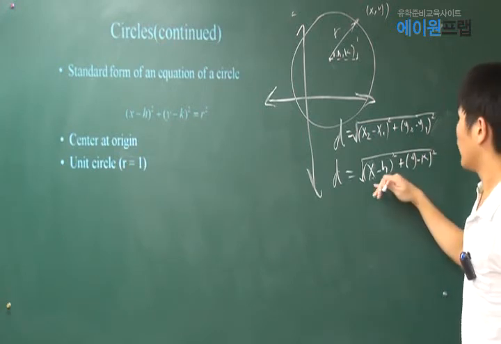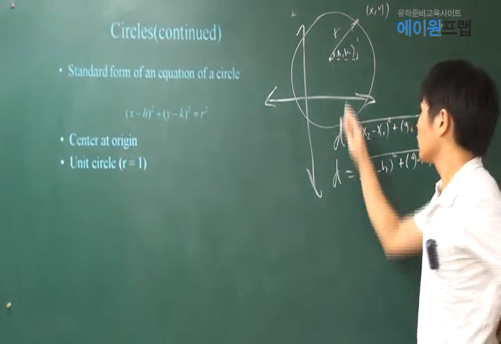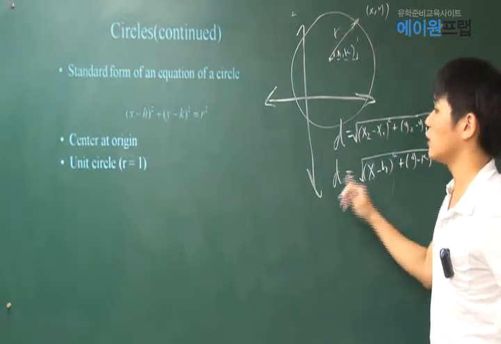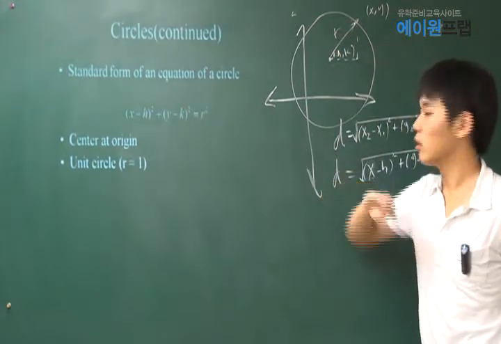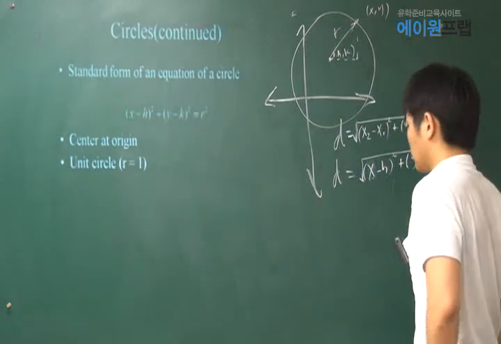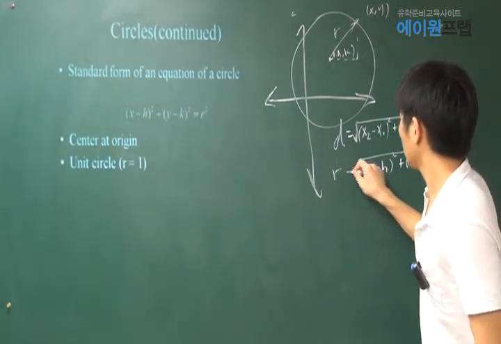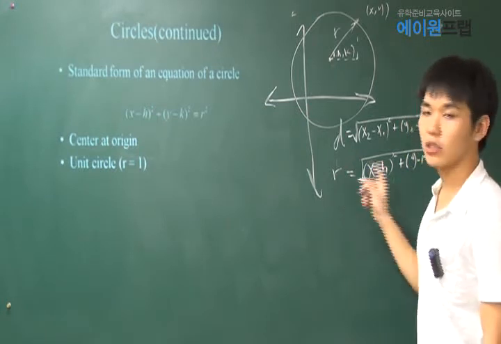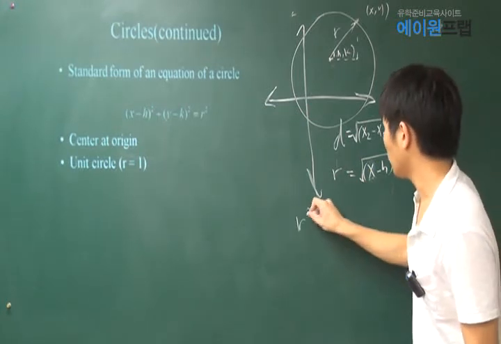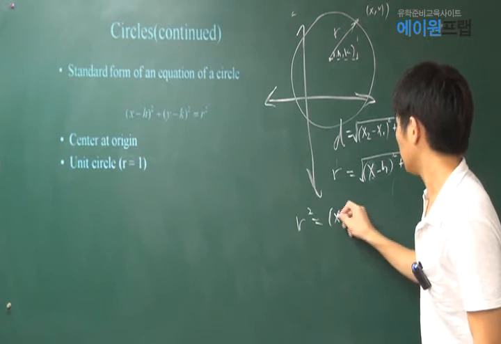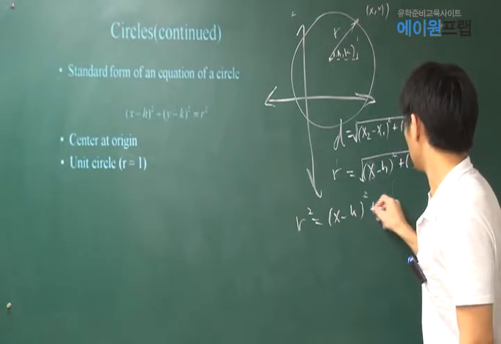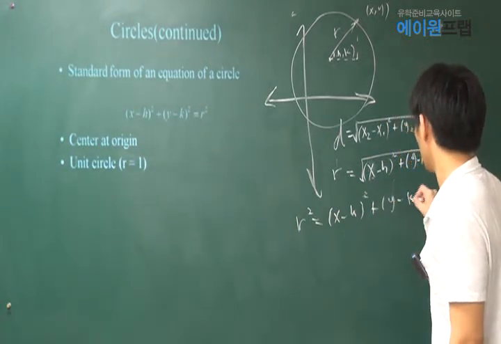What's important about a circle is that the distance of these points is always equal to r. So we can rewrite that d as r. If you square both sides, we end up with r squared equals (x minus h) squared plus (y minus k) squared.